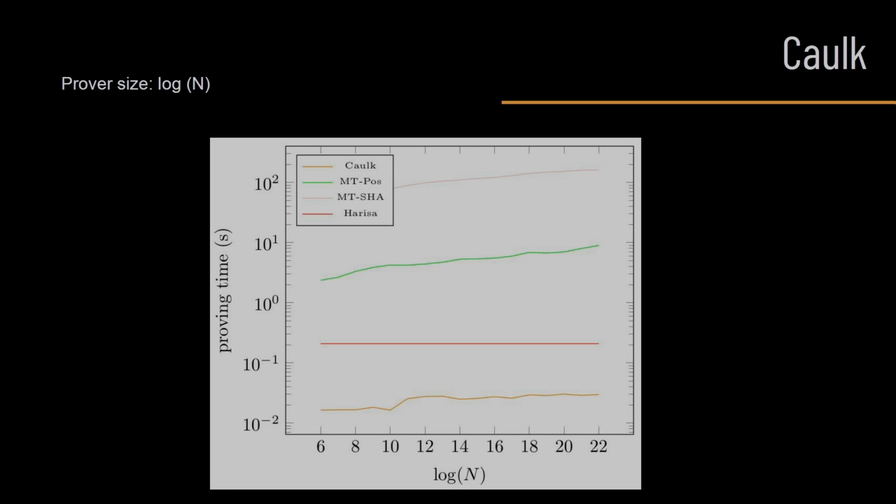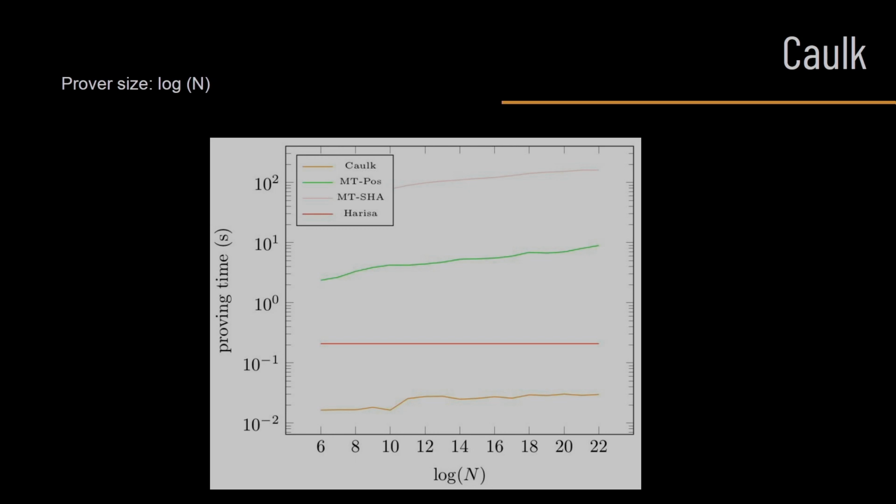On the y-axis, we have prover time in a logarithmic scale, so this means that we are orders of magnitude better than the closest solution. And on the x-axis, we have the size of the big set. We go from sets of size 2 to the 6 to 2 to the 22.